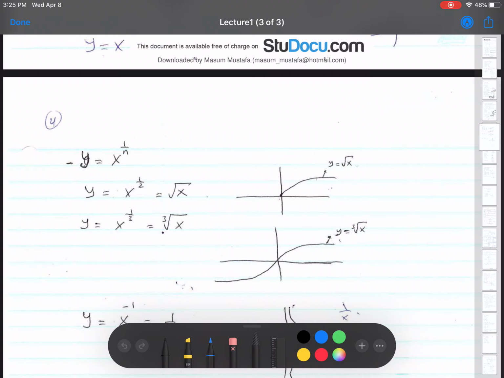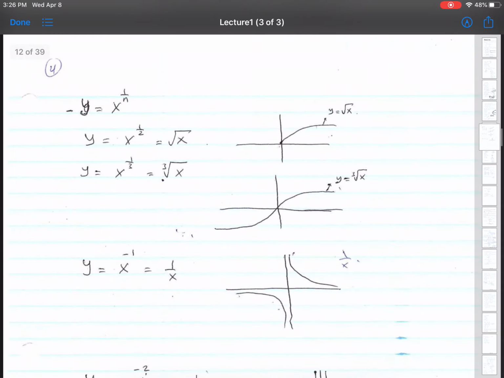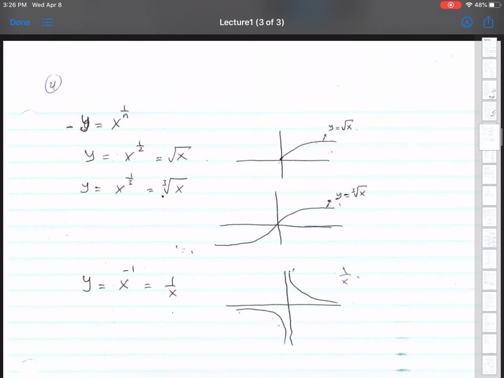For the cube root, you can have both positive and negative, so that's why it goes from negative infinity to positive infinity. If you have a negative exponent, x to the negative 1, you can also write it as 1 over x.